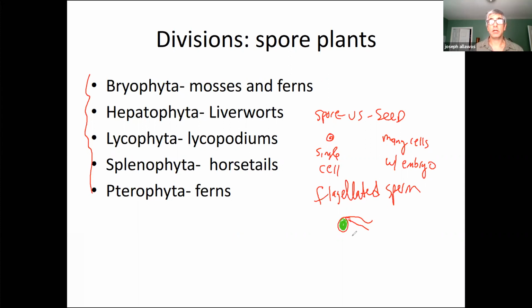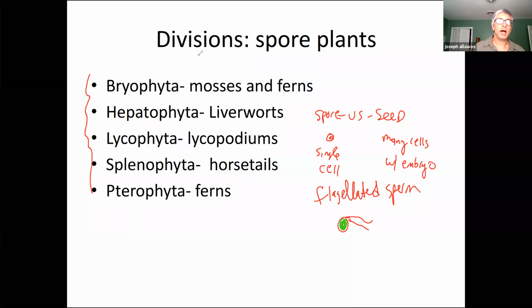I mean, we see these similarities between Chlamydomonas and a sperm of a moss. So it's weird to think about plants having flagellated sperm, but in the case of the spore plants, they do. Everything you see on this list has flagellated sperm that swims to the egg. This is why many of these organisms or really all of them are dependent on water. Now, granted, it can be a microscopic film of water after a rain. It doesn't have to be a river or a pond. Okay, so that's another thing about them.